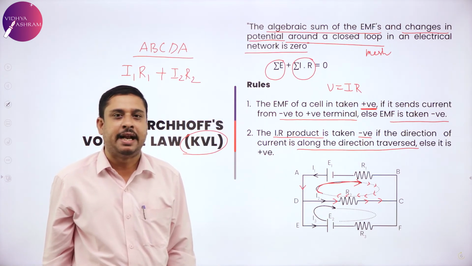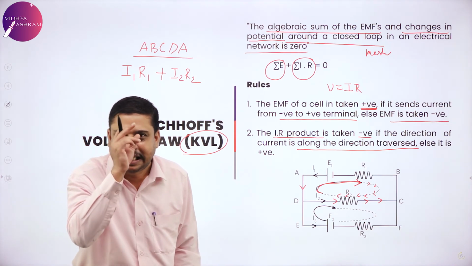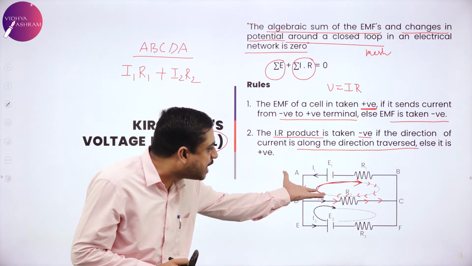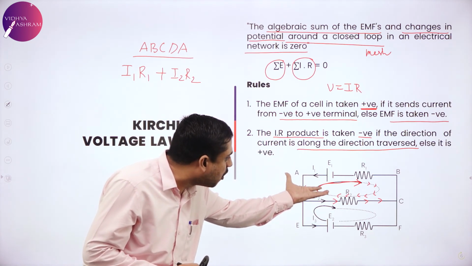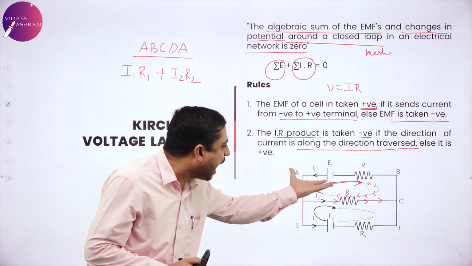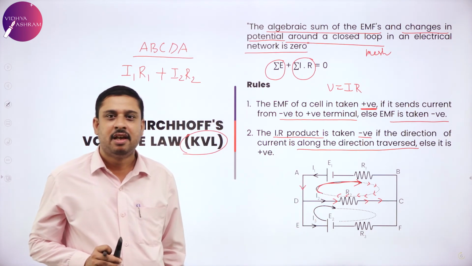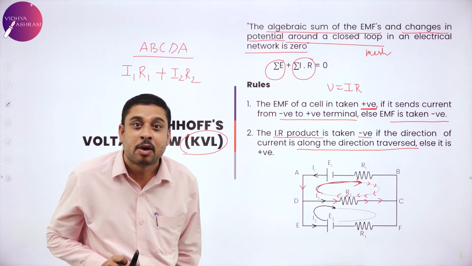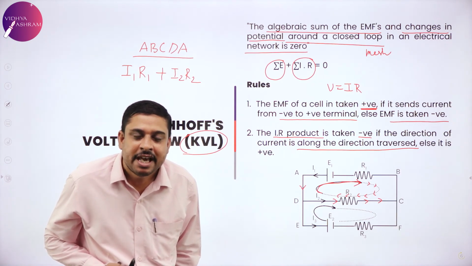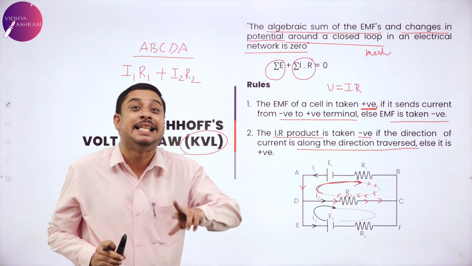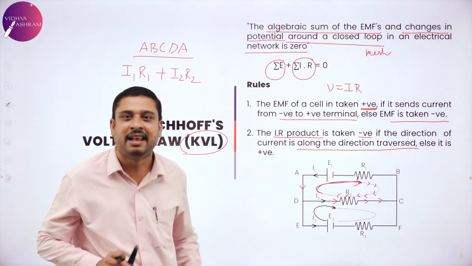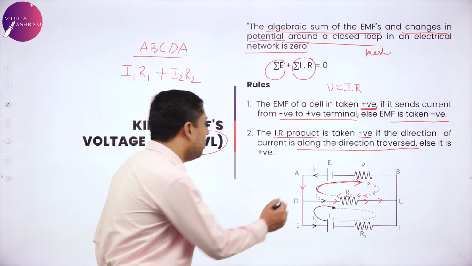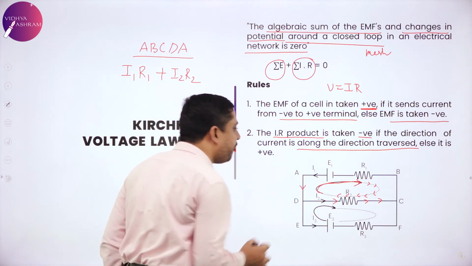So learn, students, if the direction of current is opposite to the direction of traverse, as in this case, the IR product is always positive. If it would have been in the same direction, the IR product will be negative. Now what about the EMF?